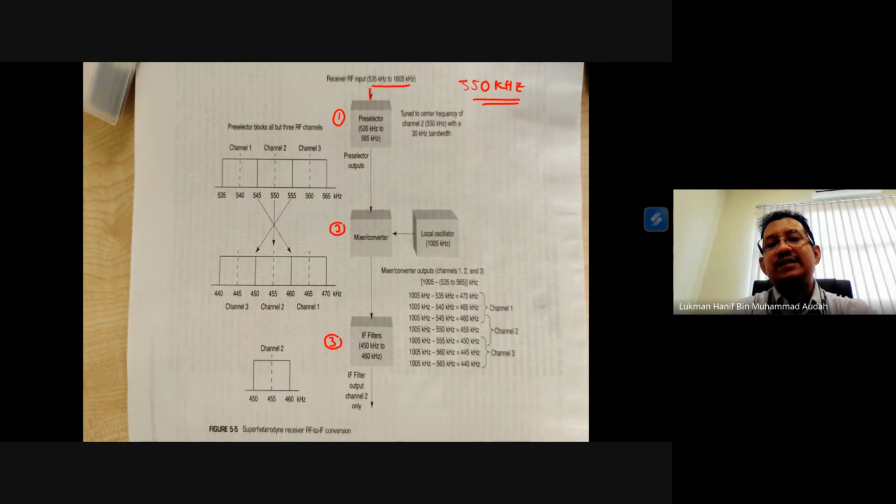When I want to listen to 550 kilohertz, I'm actually giving the instruction to the pre-selector to select the frequency band center at 550. So in this example, the preselector has a bandwidth of 30 kilohertz.